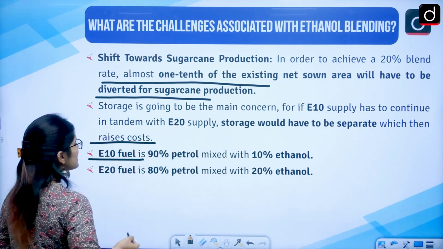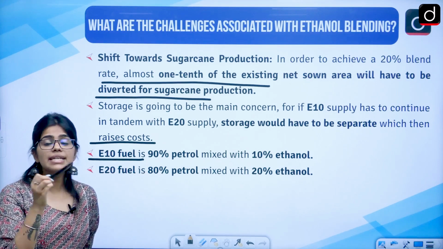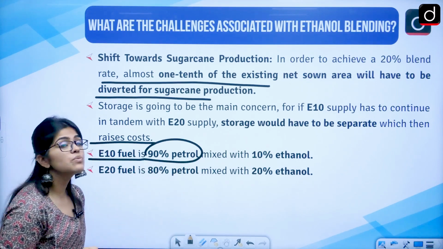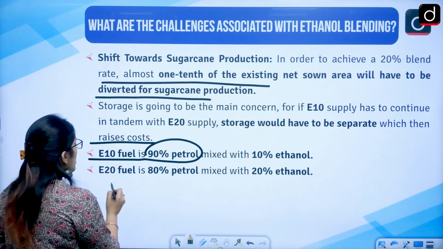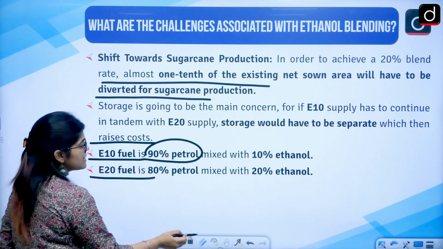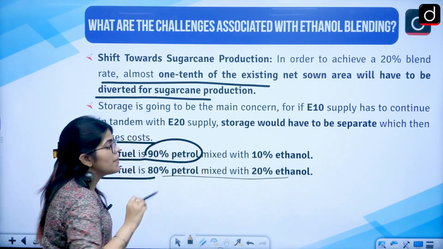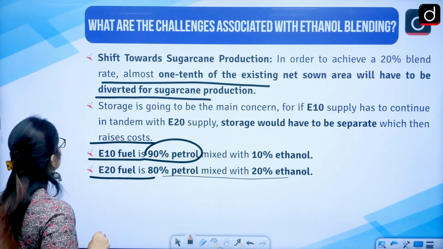So we are using E10. What is E10? E10 is a fuel with 90% petrol mixed with 10% alcohol. And what is E20? E20 is 80% petrol mixed with 20% ethanol.